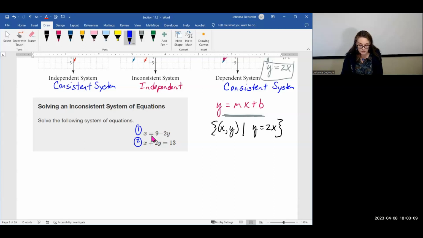If x equals 9 minus 2y, and oh wait, the second one's not solved for x. It's x plus 2y equals 13. Rats. If they were both solved for x, I could just set them equal to each other. The first problem solved for x, so I'm going to use equation 1 to substitute for x in equation 2.